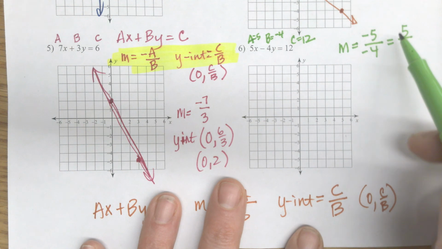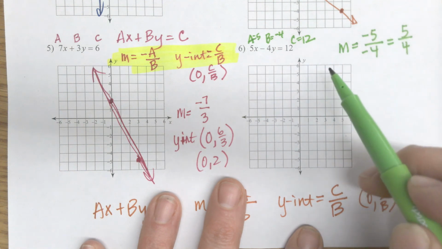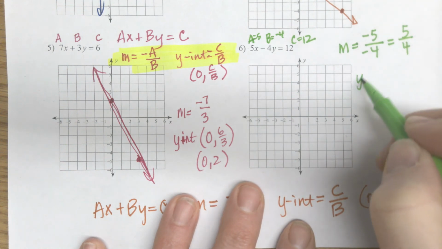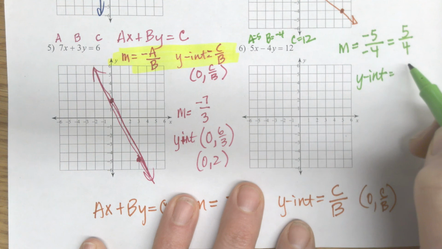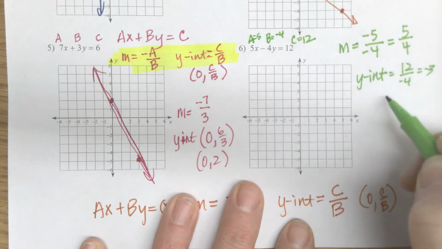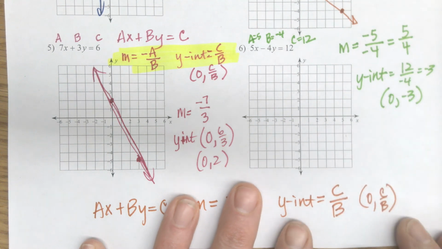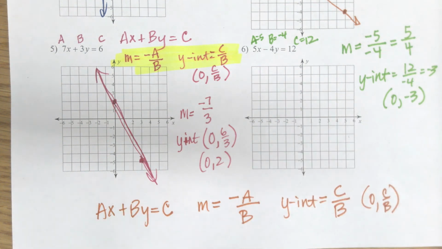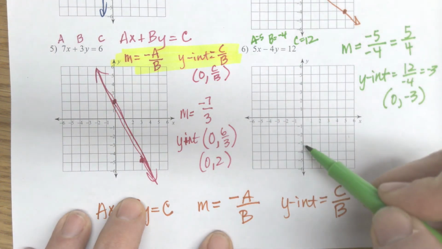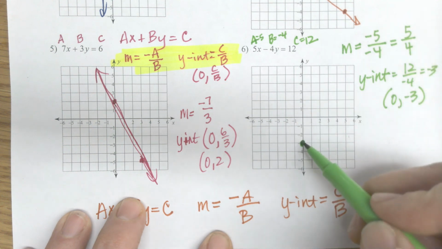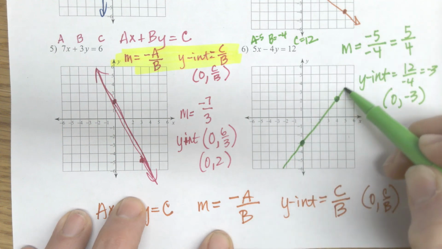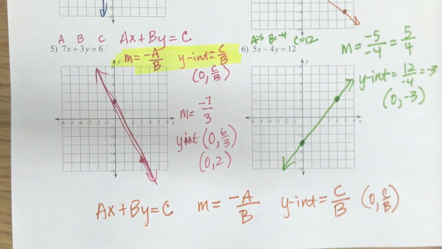But remember, I could go up and right, or I could go down and left, whatever fits on my graph when I make it. And my y-intercept is C over B, 12 over negative 4, or negative 3, which I plot as 0, negative 3. So again, I'll start at negative 3, and I'll use my slope, up 5, right 4, make a point, and connect my line.